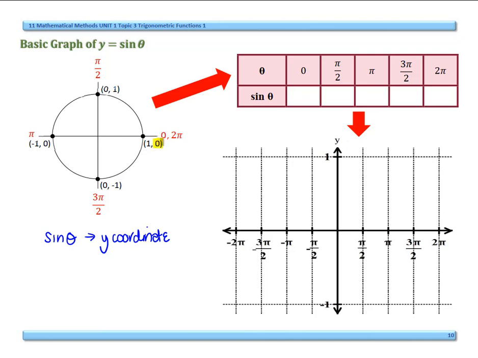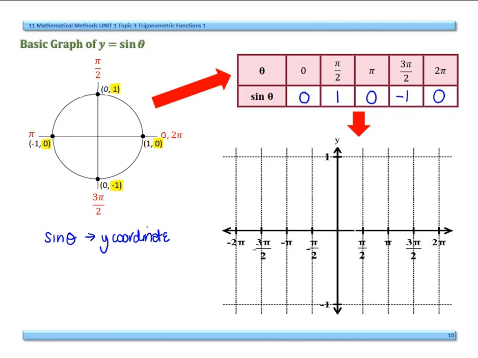So sine of 0 is 0. Moving up, sine of pi on 2 is 1. Sine of pi is 0. Sine of 3 pi on 2 is -1. And then we're back at the beginning, sine of 2 pi is 0.